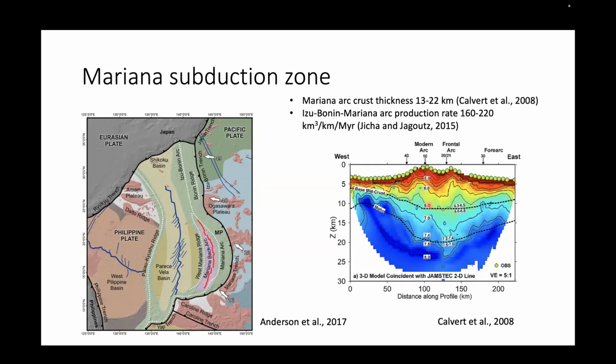So this arc has a thickness of 13 to 22 kilometers, and typical oceanic crust is only 7 kilometers. It's been estimated that the arc production rate along this trench system is between 160 and 220 cubic kilometers per kilometer of the trench per million years. So that is the goal that we want to generate in our arc.